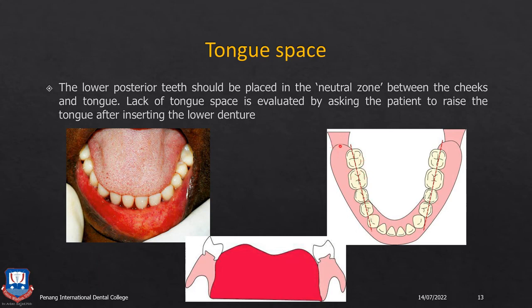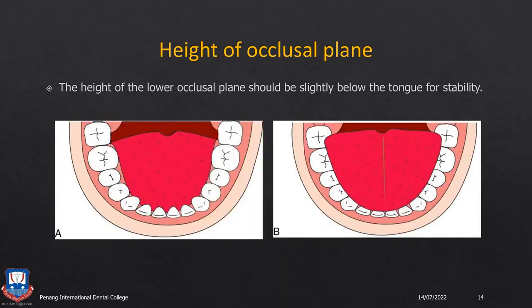If you need to do a crossbite teeth arrangement for the posterior, you can, but you cannot arrange the teeth in such a way that they encroach upon the pound line and finally encroach upon the tongue space, resulting in instability of the lower denture. So, as I mentioned, the height of the occlusal plane should be just below the lateral border of the tongue and not above the tongue. This will result in instability of the denture, and ultimately it will also affect the retention of the lower denture.